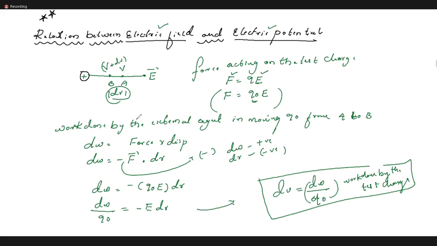So that's what I have taken. The force is negative. If dW should be positive, the distance traveled should be in the opposite direction. Then only we take it so, as this electric charge is moving against the electric field.